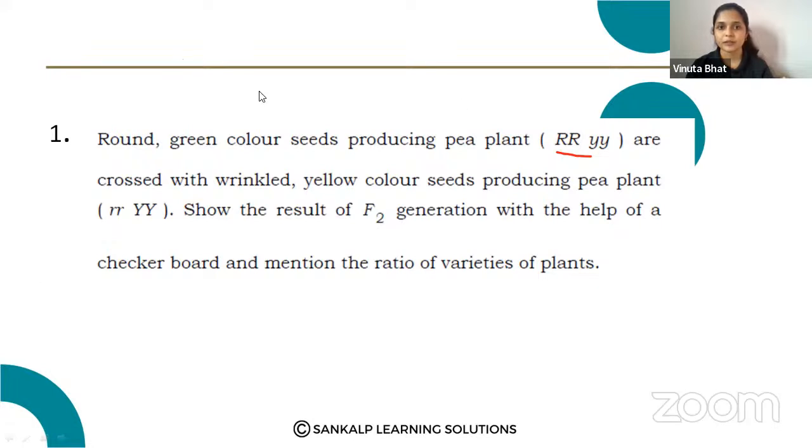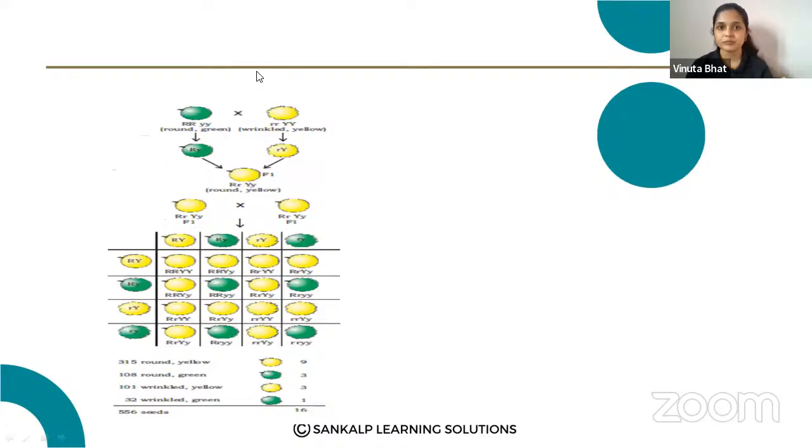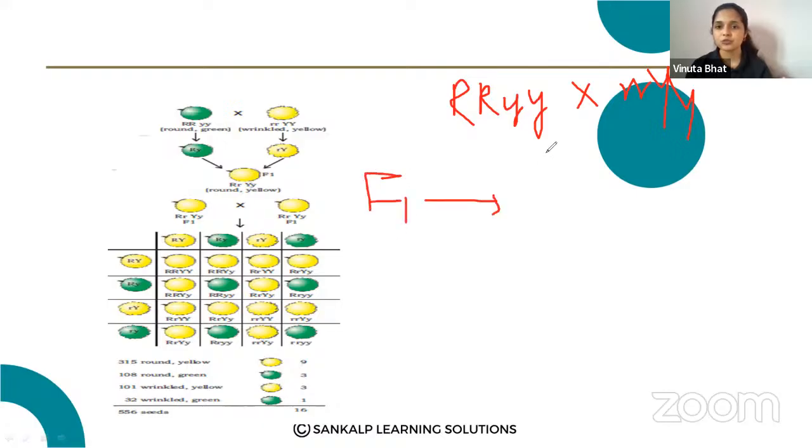Let us take capital R, small y, that is round green seeds. Here round green seeds are capital R, small y, and that is crossed with wrinkled yellow seeds. Here, capital Y represents the dominant character. In the F1 generation, what happens?